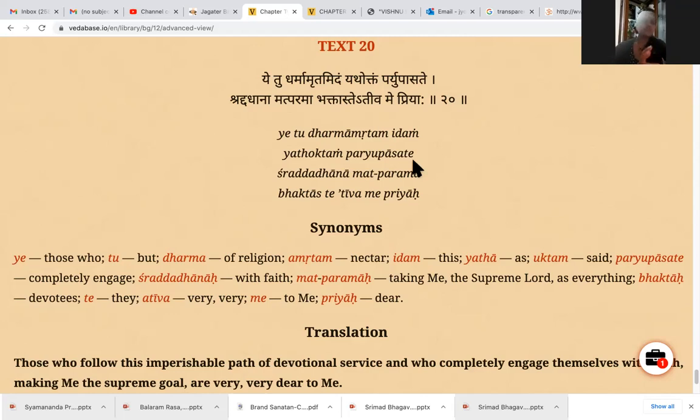So ativa means very much. Ativa me priyaha. So such a devotee is very dear to me.